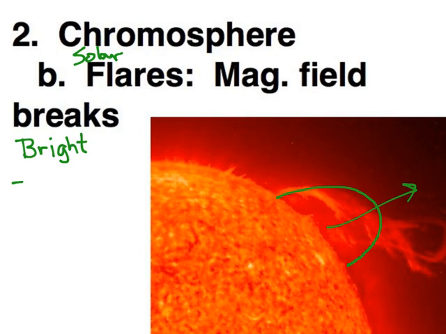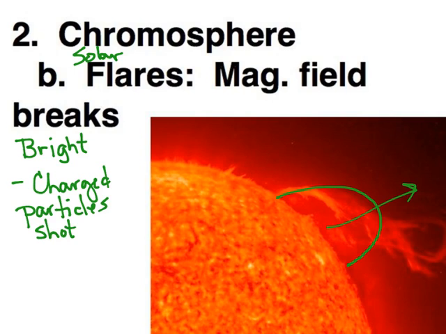And you will get charged particles shot out. If those come towards Earth, if it happens to be aimed just right, on Earth it can create aurora, which are also known as the northern lights, which are very pretty.